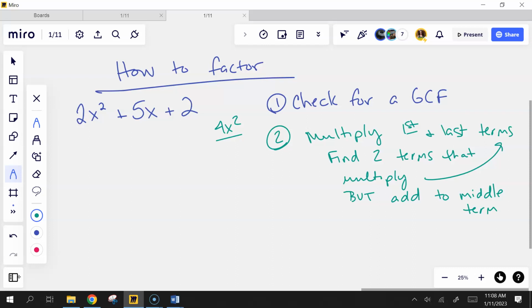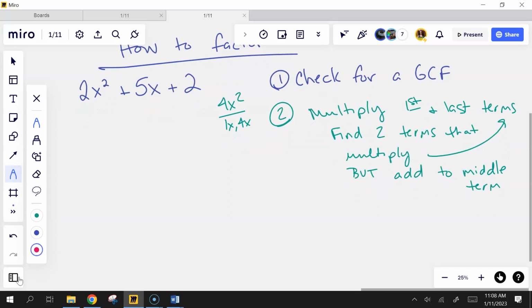Look at the first side there. What 2 things multiply to 4x squared, but add to 5x? 1x and 4x. Do you agree or disagree? If you multiply 1 and 4, you get 4. If you add 1 and 4, you get 5. So here's what I'm going to do.